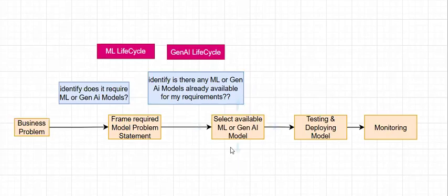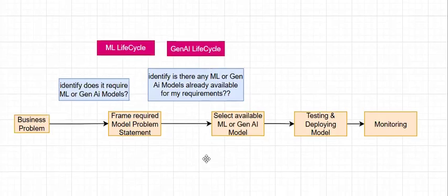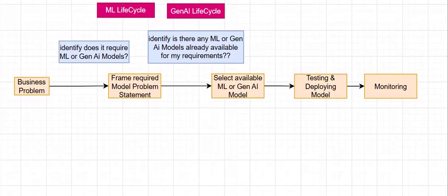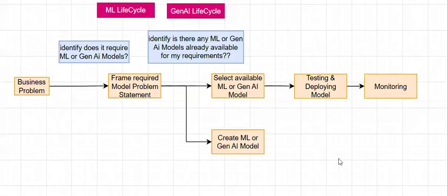Let's say we do not have any ML model that satisfies our business case. Then what is the scenario? During that time, we need to create our own ML or GenAI-related model based on our business use case.